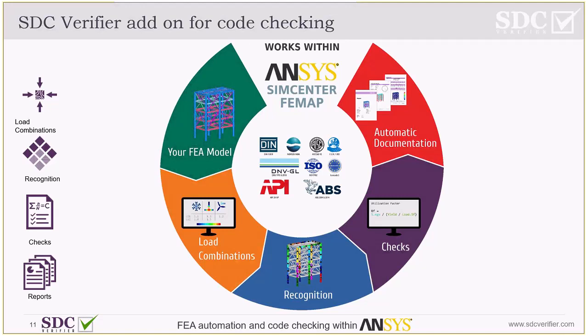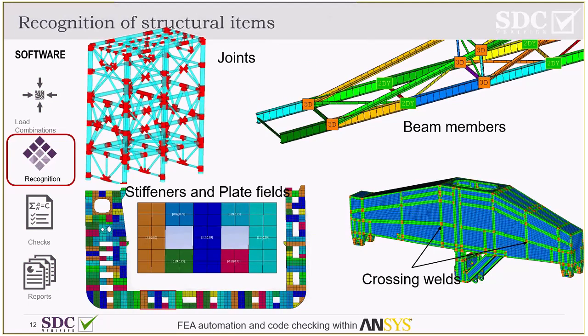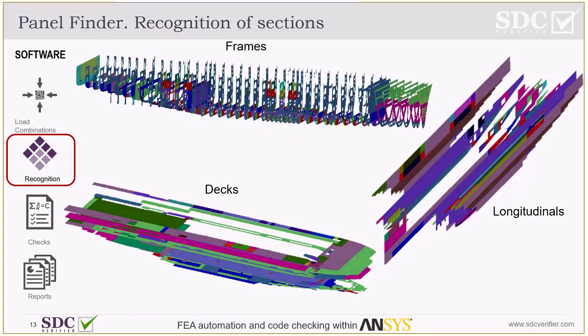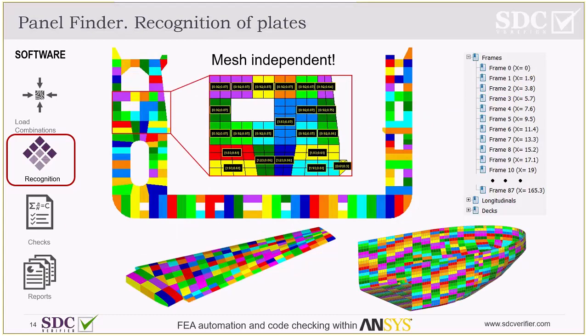Then we go to the recognition section. SDC Verifier is capable of automatic recognition of joints, beam members, stiffeners and plate fields, and also welds, with different parameters for welds. This is extremely helpful, for example, for the offshore industry. By coordinate, we can recognize the frames, decks, and longitudinals of a ship, and within this, recognize the plate fields, which are mesh independent.